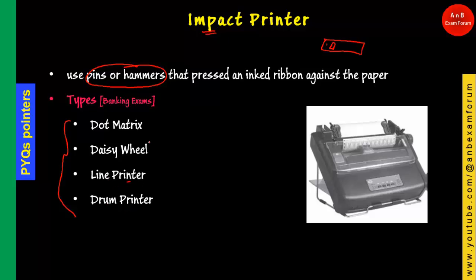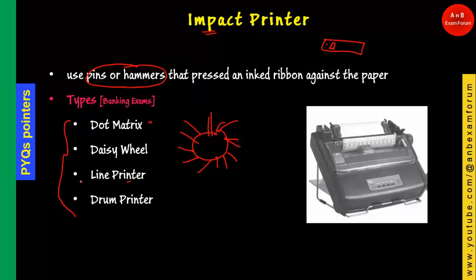Okay, so how it is going to print, that is the thing it classifies. In daisy wheel printer, again hammer will be used, but it will be a wheel, it will be a round wheel, and all the hammers will be like a daisy flower. So the hammer will be thrown onto the paper.